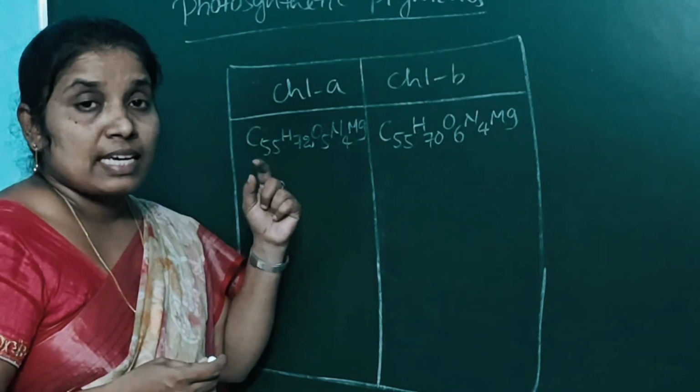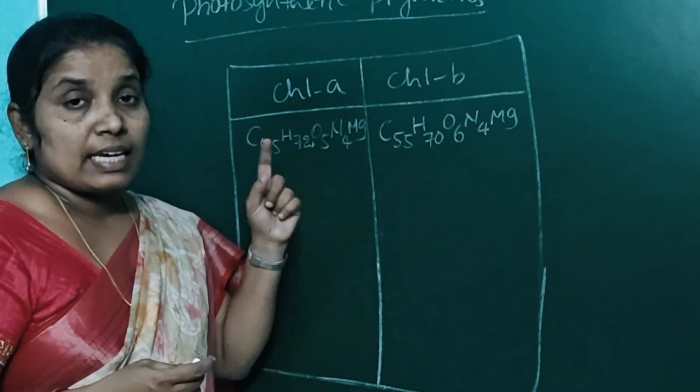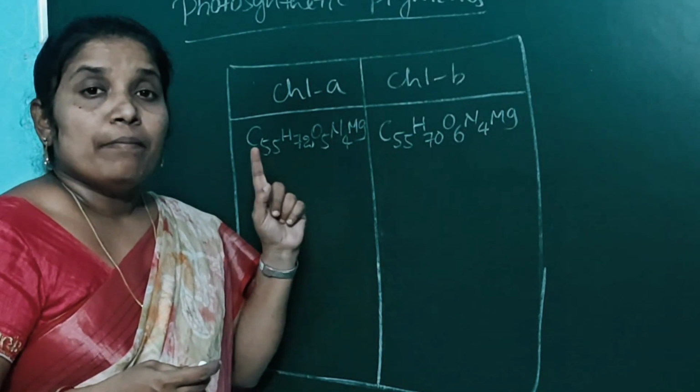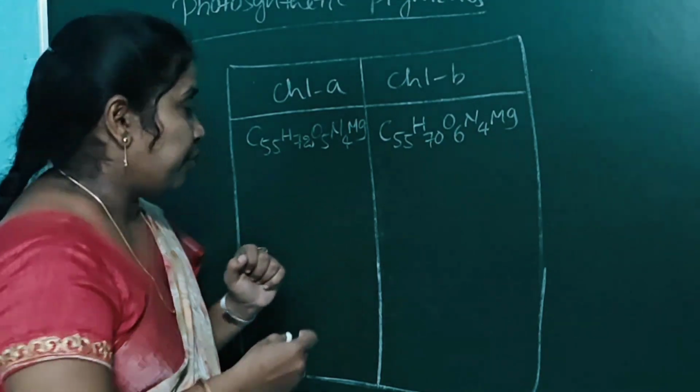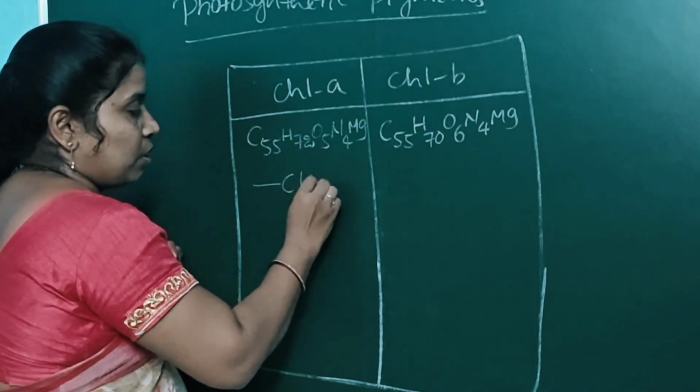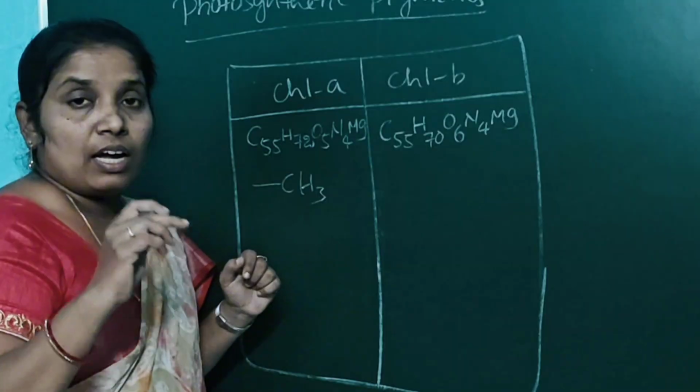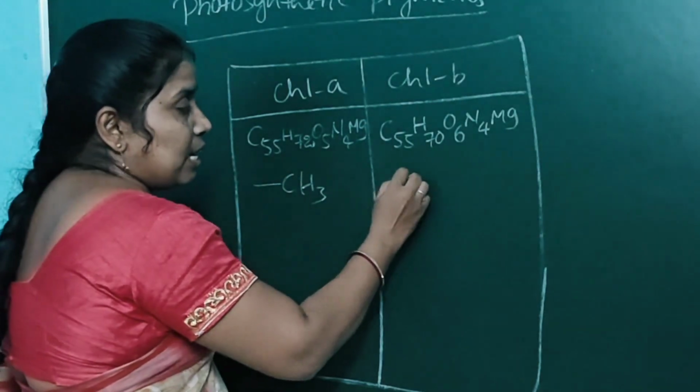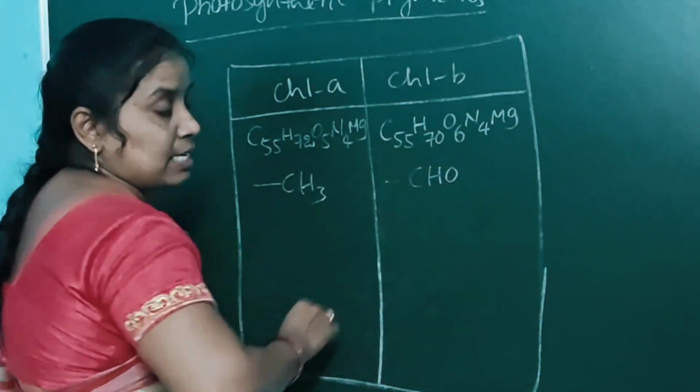In the second pyrrole ring, at the second position, there is a methyl group present in chlorophyll A, whereas in chlorophyll B an aldehyde group is present.